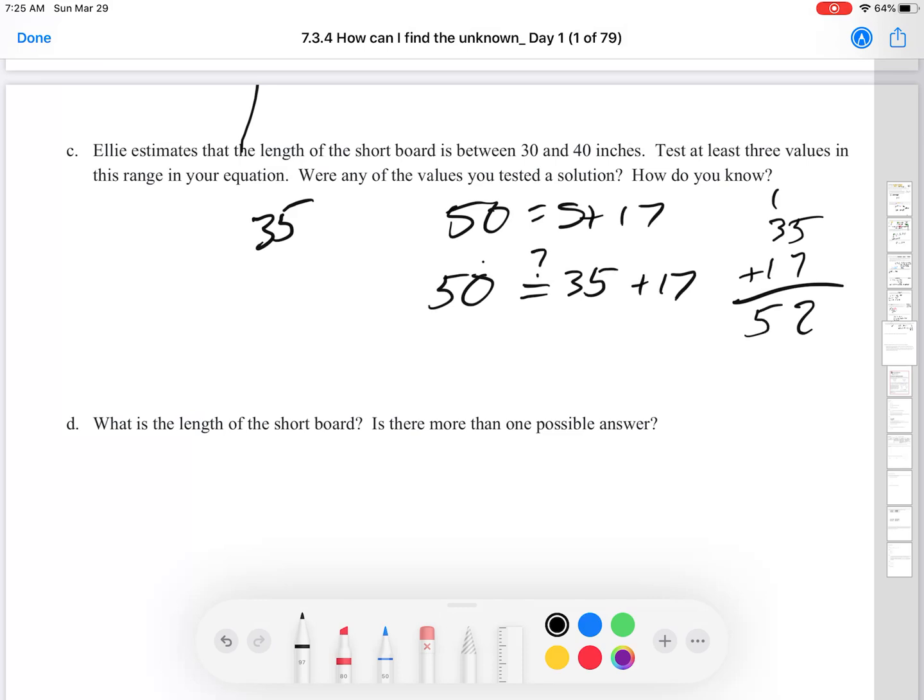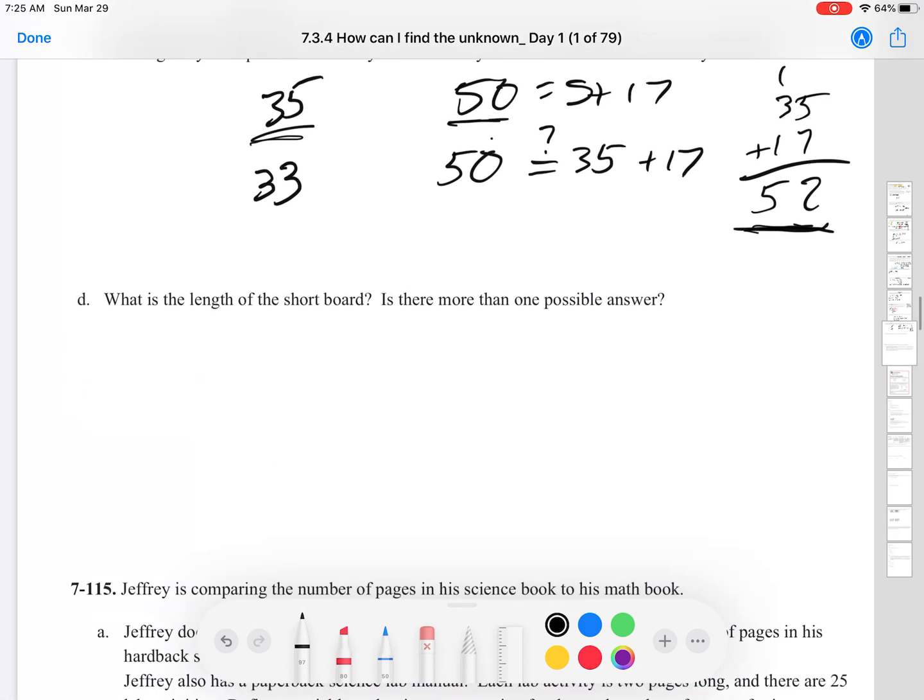That's not going to work, right? So we are asked to at least test 3 values in that 30 to 40. So it looks like that's too big, right? 52 is too big. Since 52 is just 2 bigger than 50, then what I should do is probably choose a value that's 2 smaller than that. So I would choose 33 right now, right?